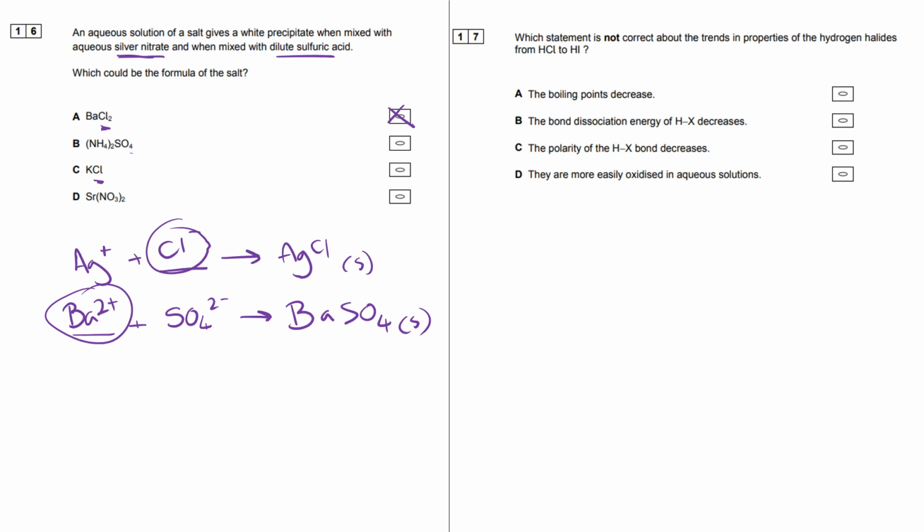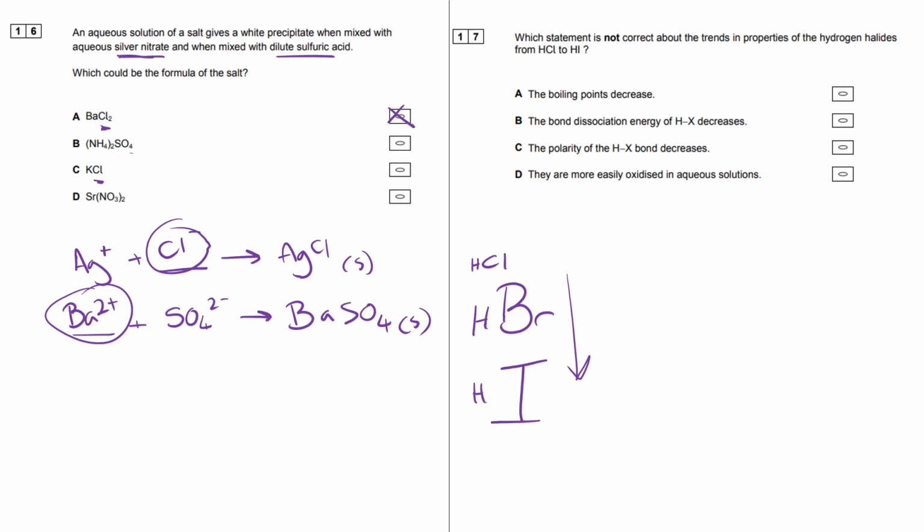Question 17. Which statement is not correct about the trends in properties of the hydrogen halides from HCl to HI? So I'm just writing the atoms, I'm drawing them bigger, because as you go down from HCl to HBr to HI, the size of the molecules are going to increase.